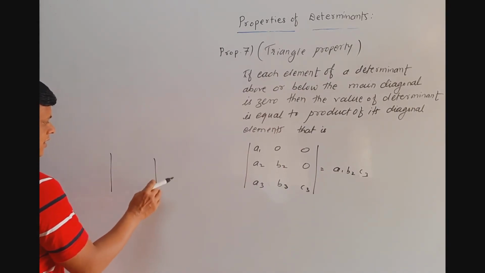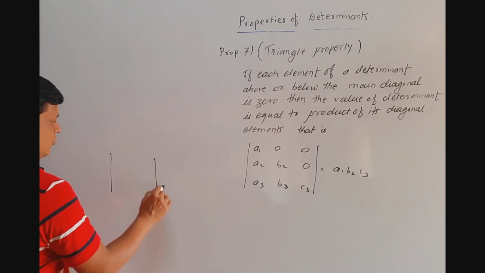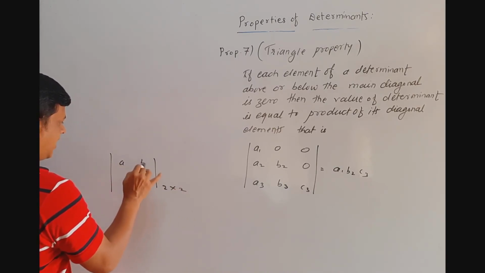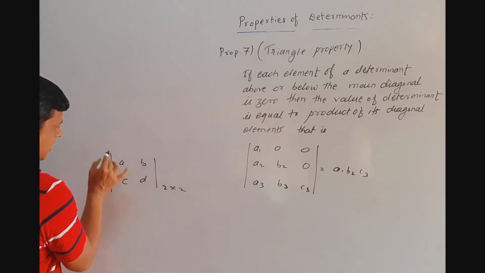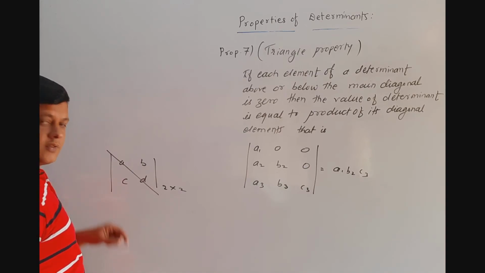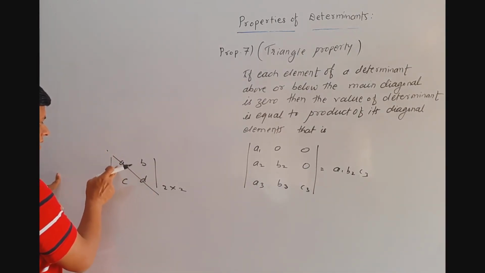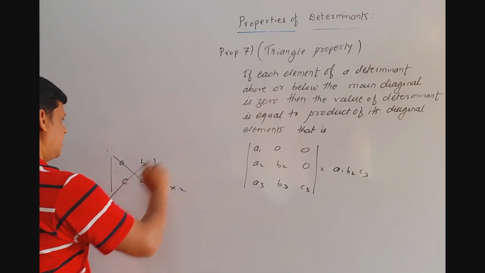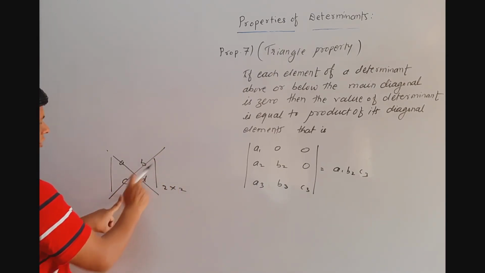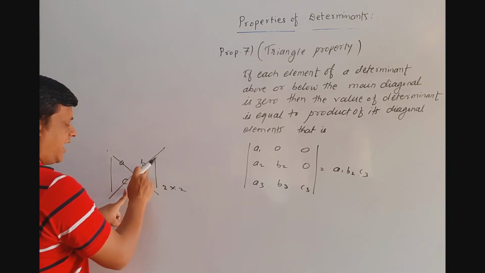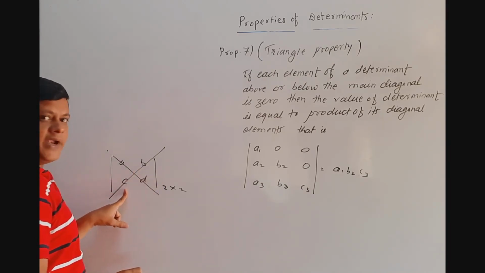If given determinant is of order 2 by 2 and elements are A, B, C, D, then AD, this is first diagonal, elements are A and D. If we consider this diagonal, then elements of this diagonal are C and B. This is for 2 by 2.